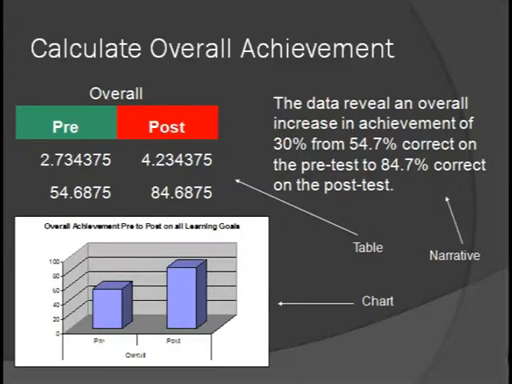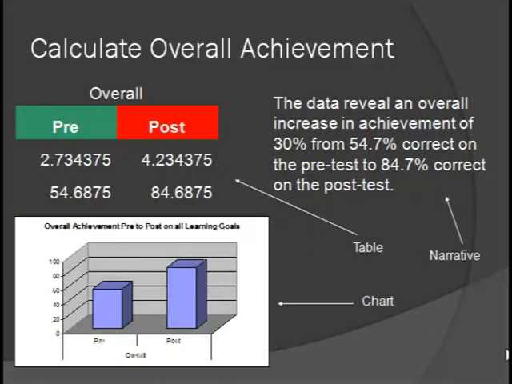Please remember that anytime you're going to present your data, you'll need to have a chart, a table, and a narrative. The narrative, which explains what people are seeing in a chart, should not include your opinion. Please note the verbiage that you see here.